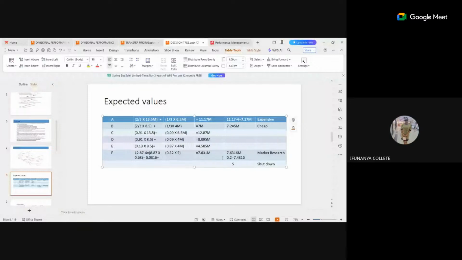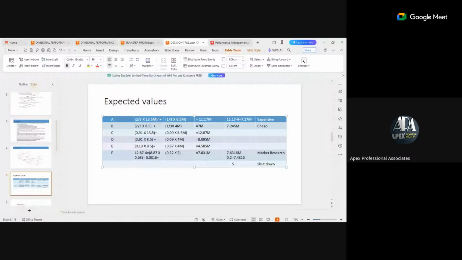What will you advise Kobe based on this outcome? These are expected outcomes. This point here. So Kobe should go with which option? Market research.